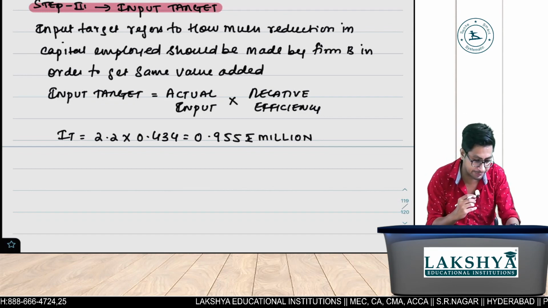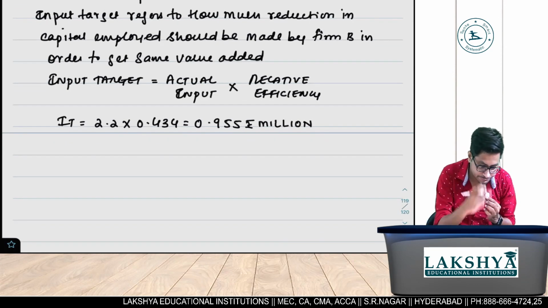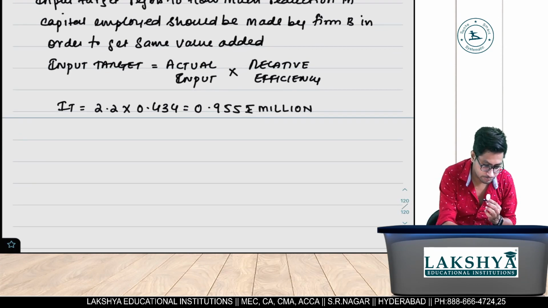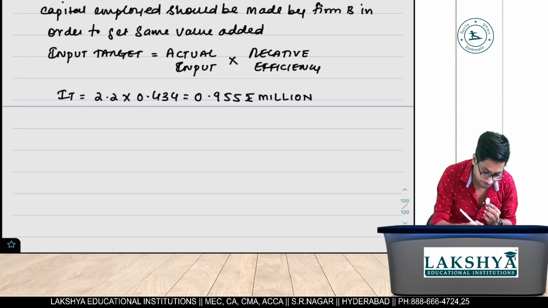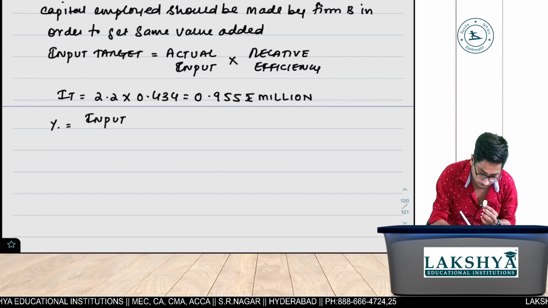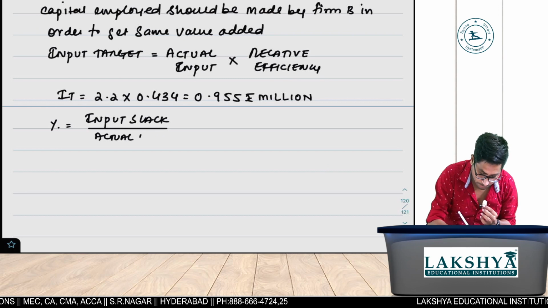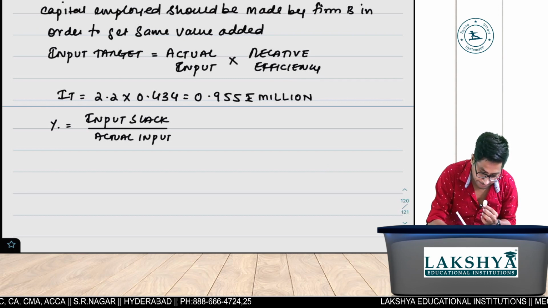Now, let us do the same thing in percentages. Clear? Percentages, let us do. In percentage we can calculate it as input slack divided by actual input into 100.